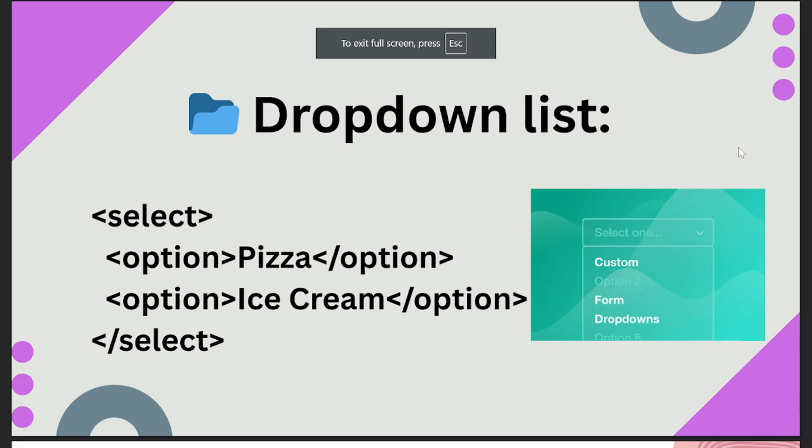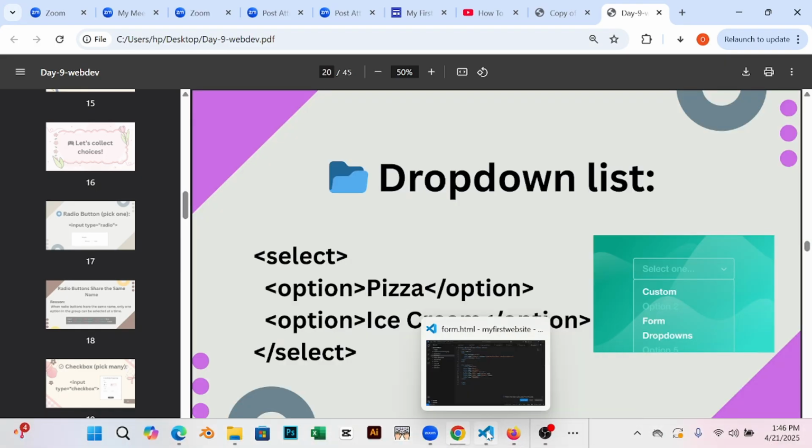So that's good. There's something else called select. This gives you the opportunity to create a drop down, and this select comes with a tag inside of it called option, where you now list what you want. Let's go back and do something like this.